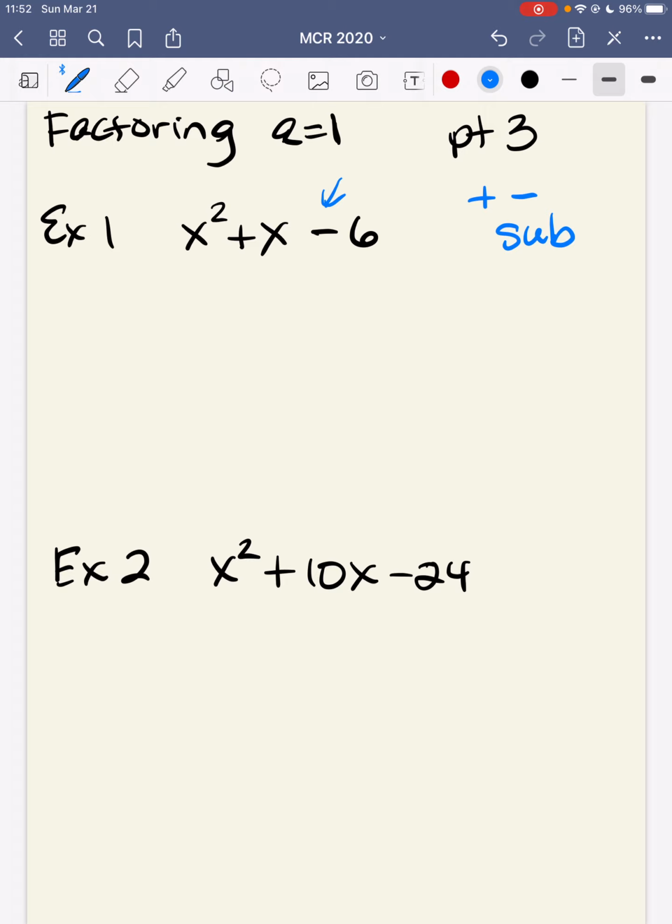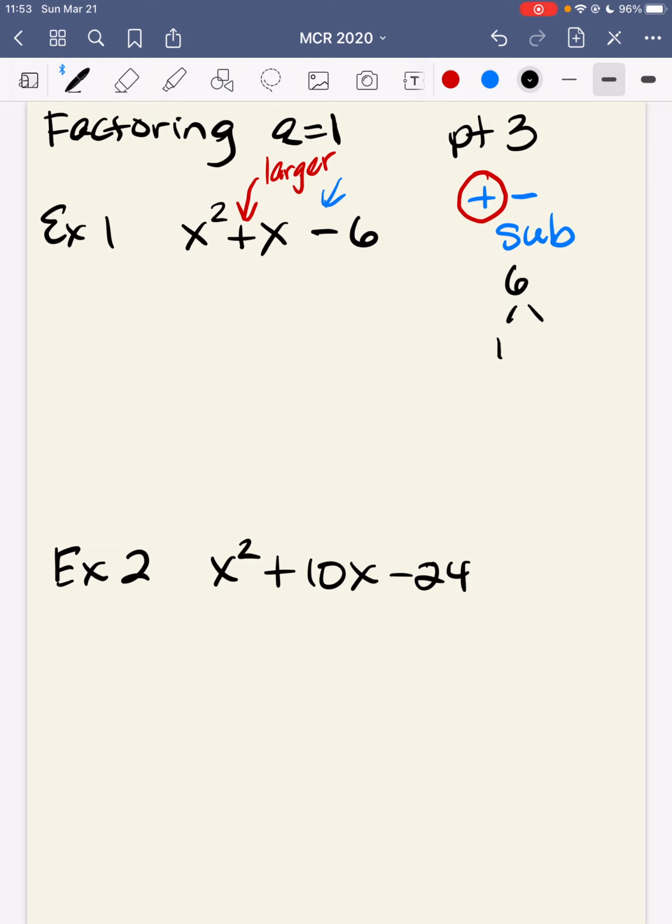Now, when the signs are opposite, what the first sign tells you is which sign is the larger number. Okay, so in this case, my larger number must be plus because I have a plus first. All right, let's go ahead and look at factors of 6.